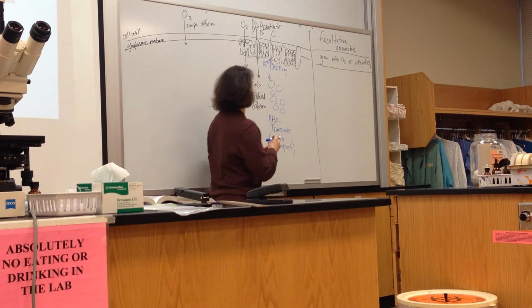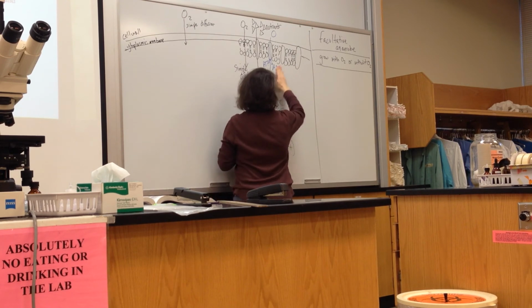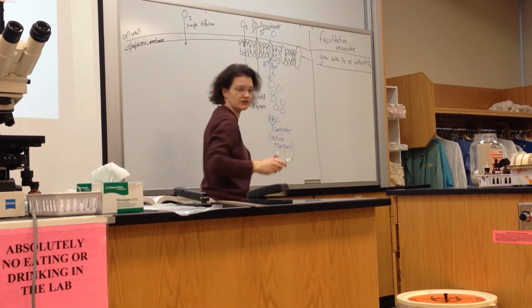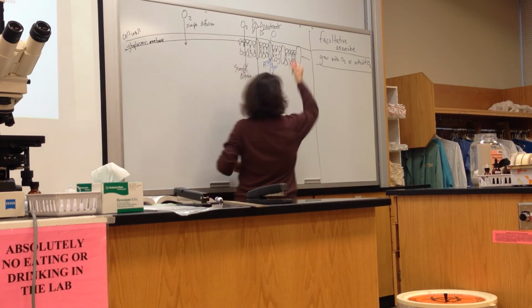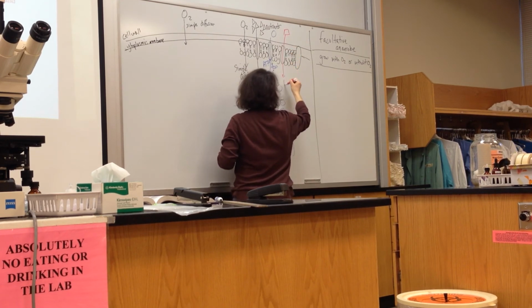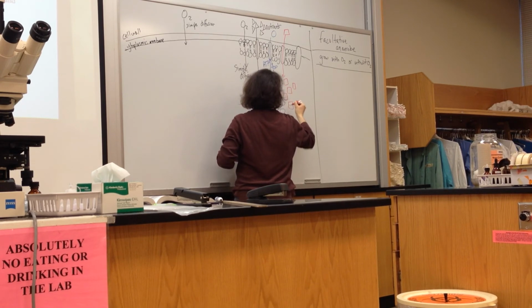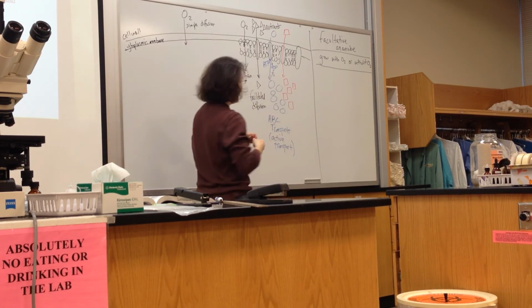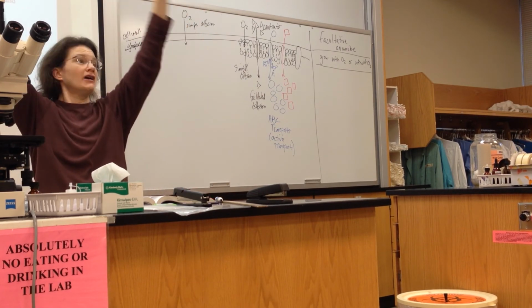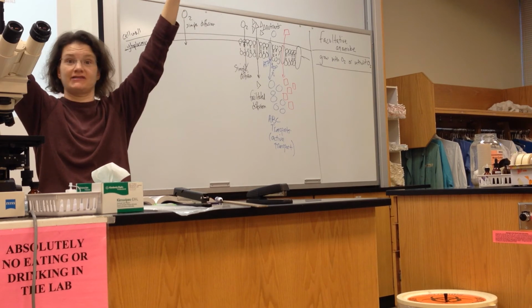What's our other mode of transportation, active transport, and that is moving molecules again from an area of low concentration to an area of high concentration. Now, we're going to utilize that huge concentration of protons on the outside.